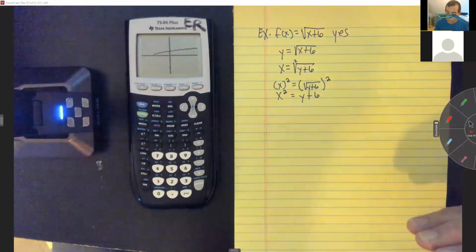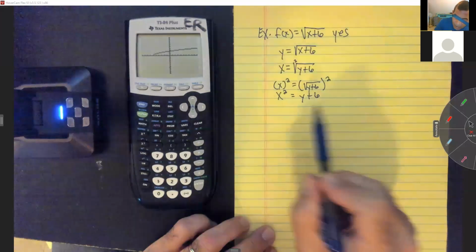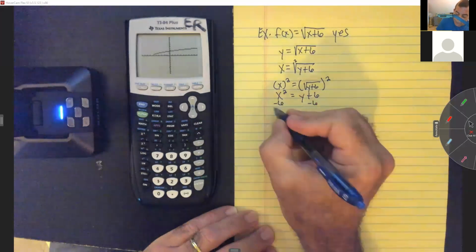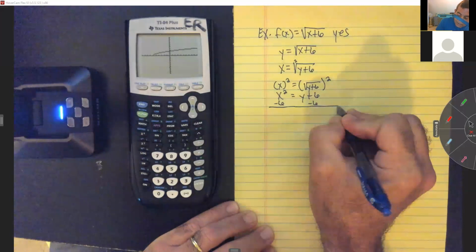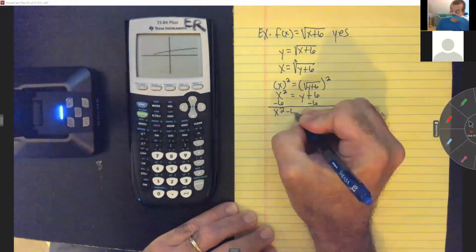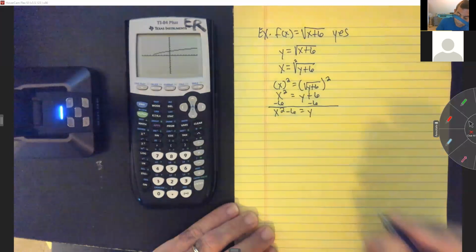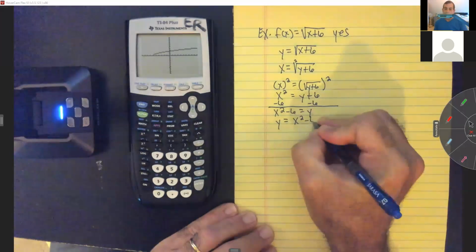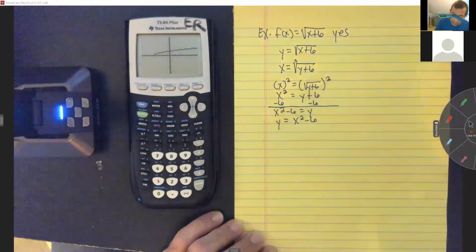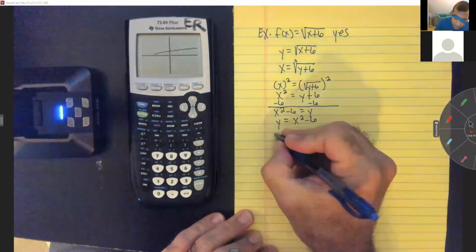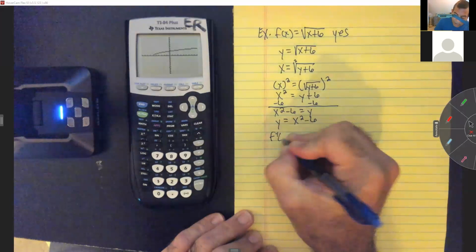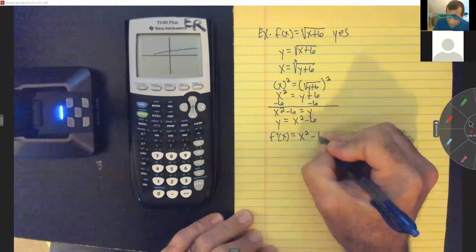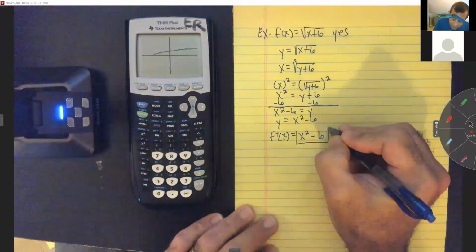All right, y'all, the last move to get that y by itself would be to subtract 6 from both sides so that I get x squared minus 6 equals my y. So I'm just going to rewrite it with the y on the left side. And then finally replace the y with my f inverse. And that's going to equal x squared minus 6. And that's what our MyMathLab wants right there.